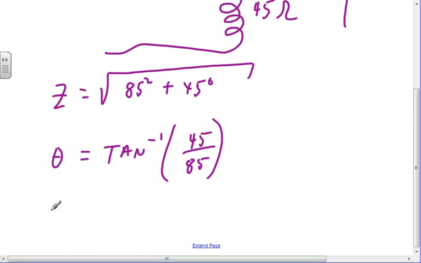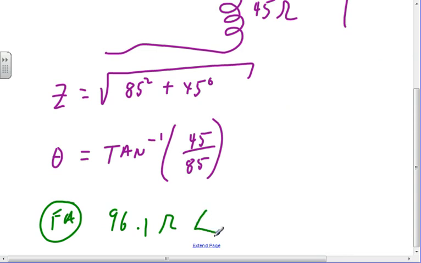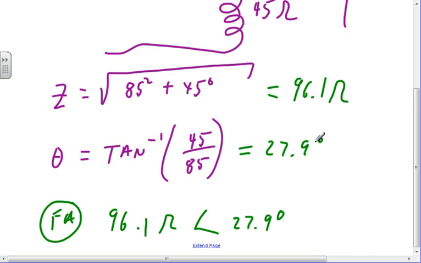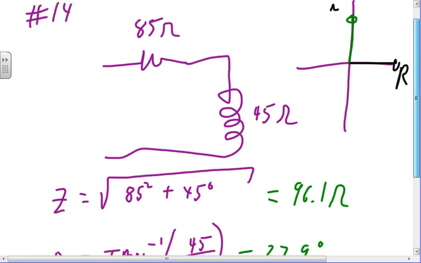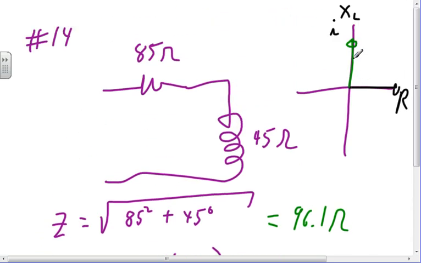I'll put down a final answer of 96.1 ohms at an angle of 27.9 degrees. So there's my impedance, 96.1 ohms, by phase angle 27.9 degrees. We'd expect that because the resistance is bigger than the inductive reactance, so we'd expect a smaller angle than 45.